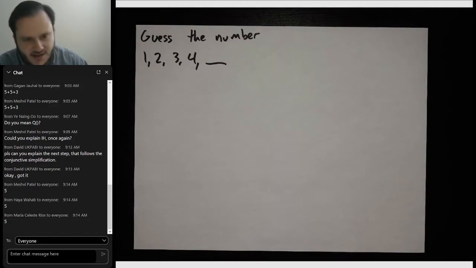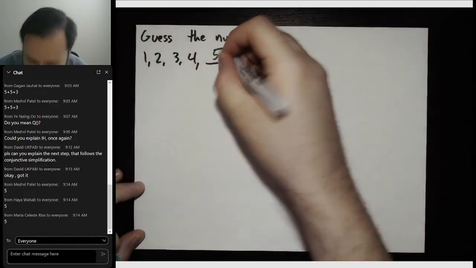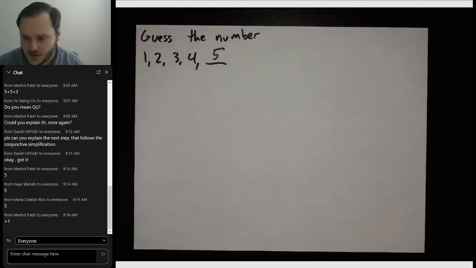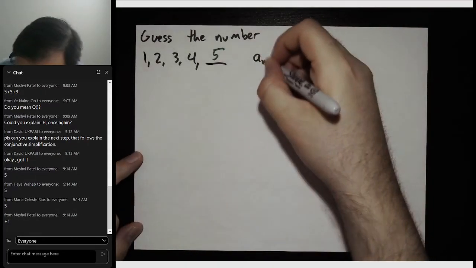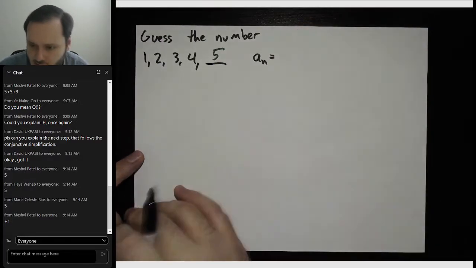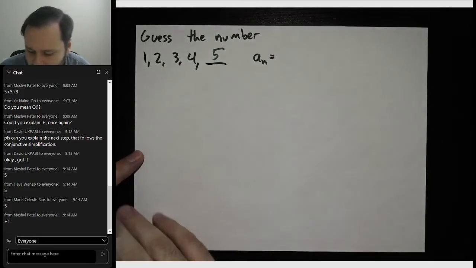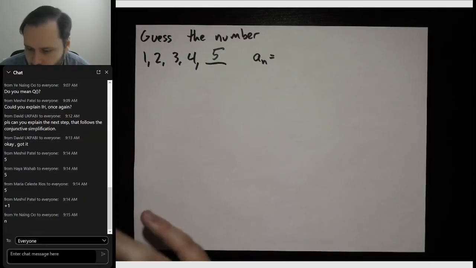Good. And what's the rule we're following here? What is my nth number? First number is 1, second number is 2, third number is 3. What is my nth number?